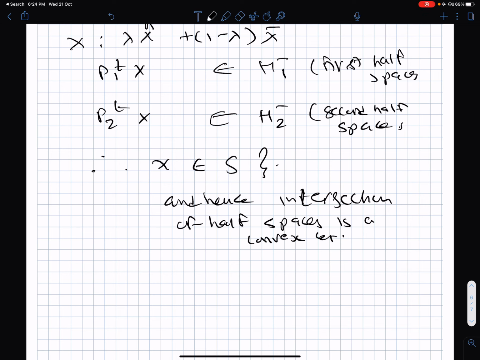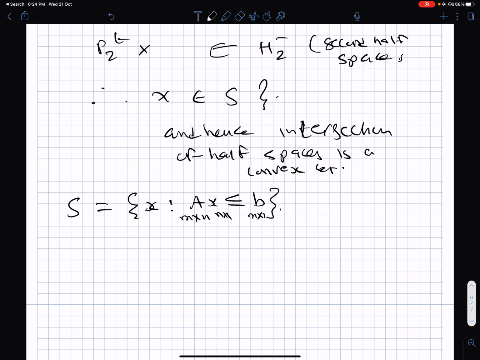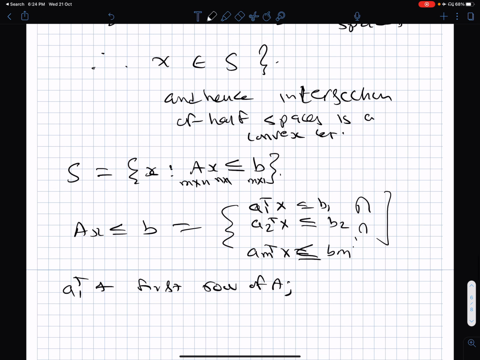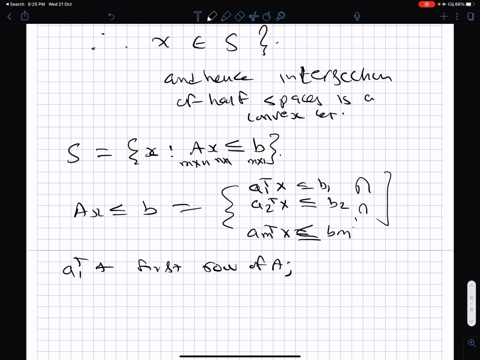I can generalize this to the fact that a set S in Rn given by Ax less than or equal to b, where A is an m cross n matrix, x is an n cross 1 vector, and b is an m cross 1 vector, can be thought of as a1 transpose x less than or equal to b1, intersection a2 transpose x less than or equal to b2, intersection and so on, am transpose x less than or equal to bm, where a1 transpose is the first row of A and so on.